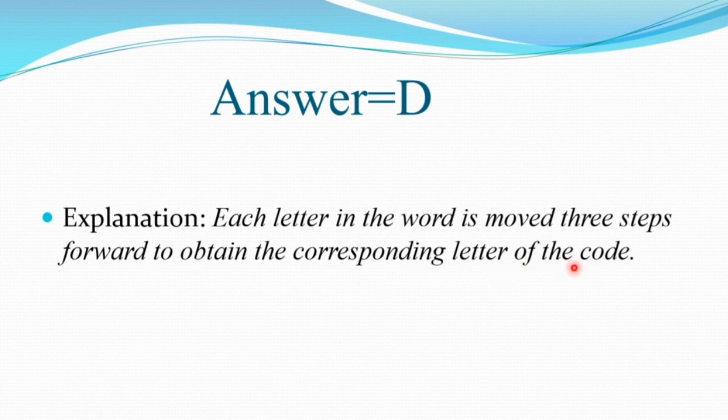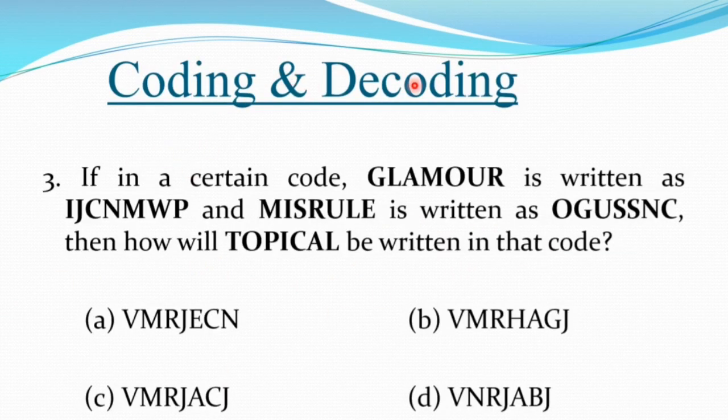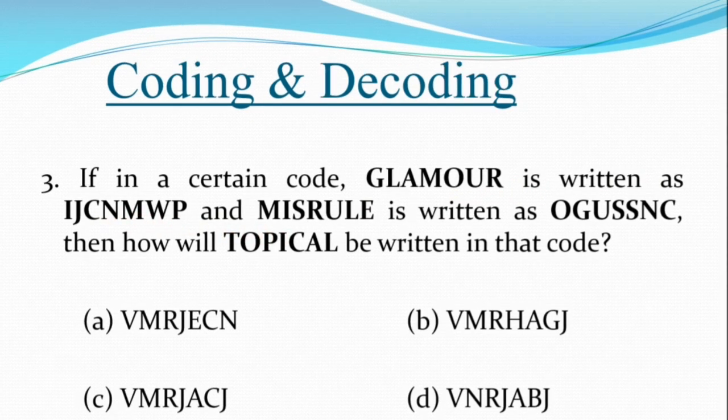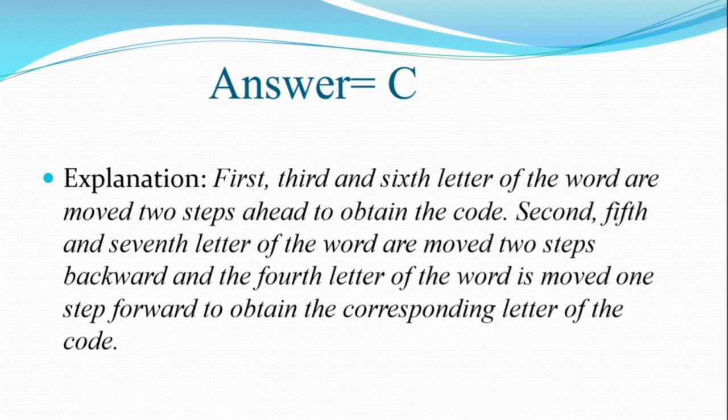Next question. If in a certain code GLAMOUR is written as IJ, and MWP, and MISRULE is written as OGUSSNC, then how will TOPICAL be written?